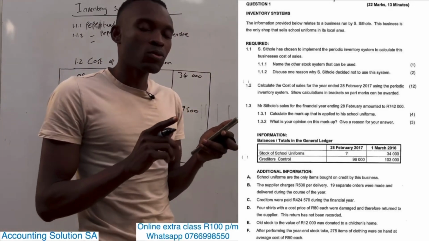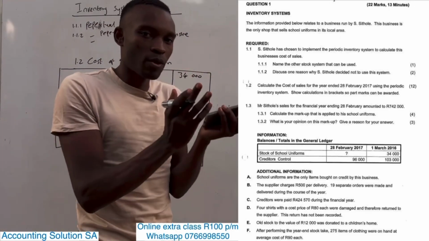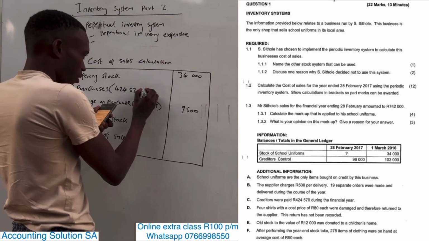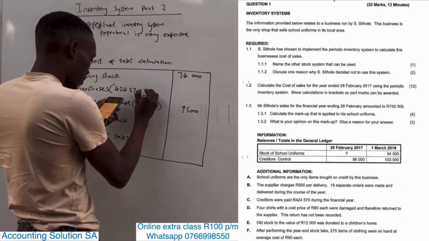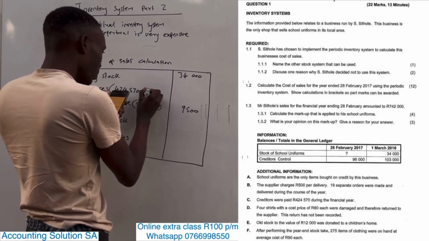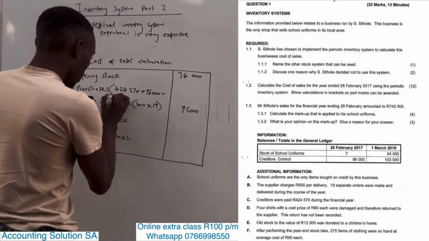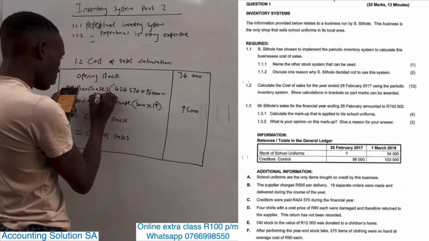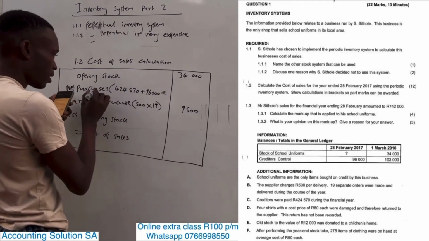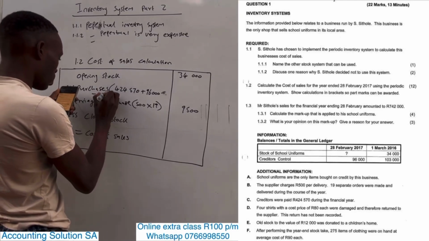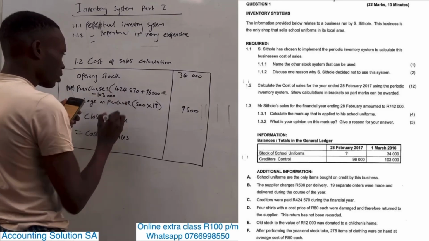In order for us to get exactly how much we purchased, we have to add back closing stock and we subtract opening stock. Okay, let me take minus this side, minus 103,000.